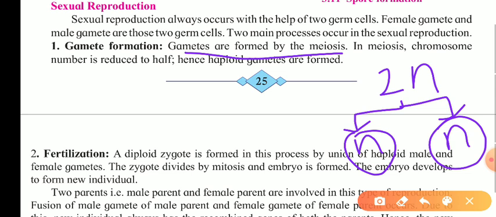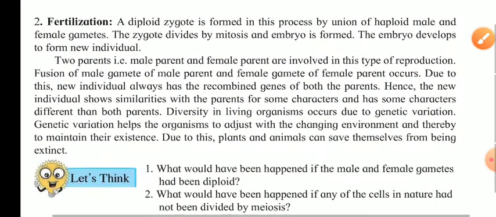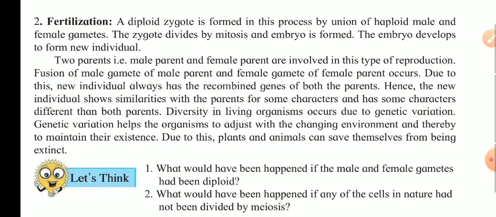So in gamete formation, the diploid cell goes through meiosis and forms haploid gametes, which we also call germ cells. And the next important process in sexual reproduction is fertilization.